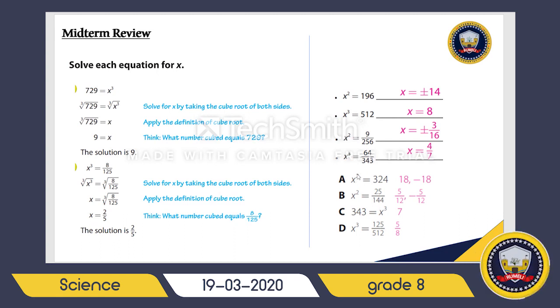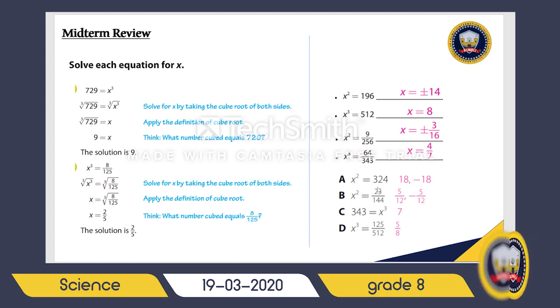So x squared, I will take the square root from this side, square root from the other side. The square root cancels out with the square, so my x is equal to the square root of 324. In this case, my square root is 18 or minus 18, right? Both of them. You can also write plus minus 18 as we do here.